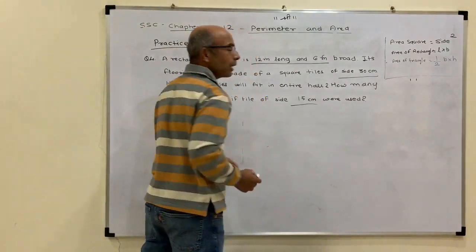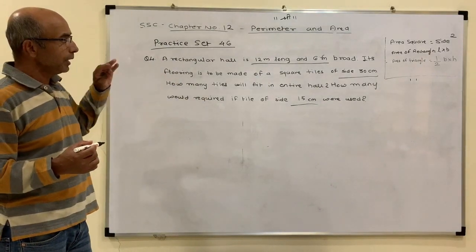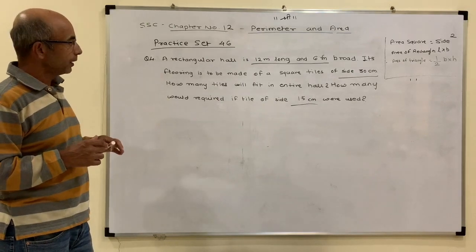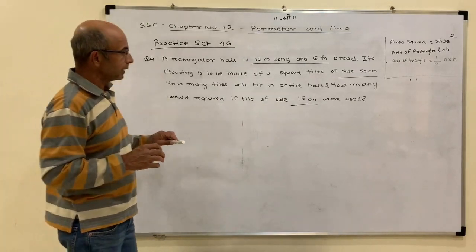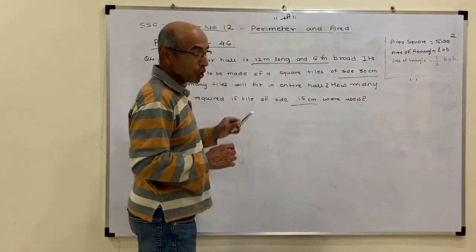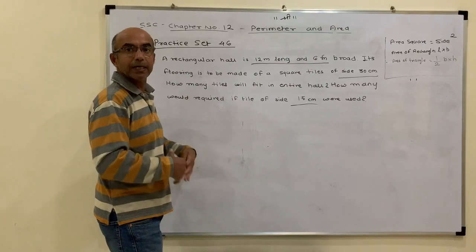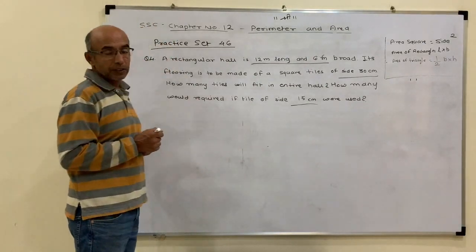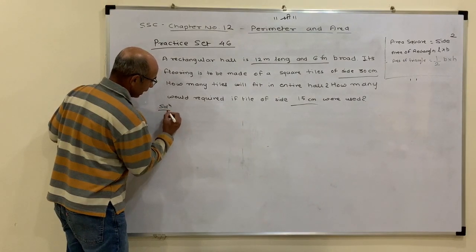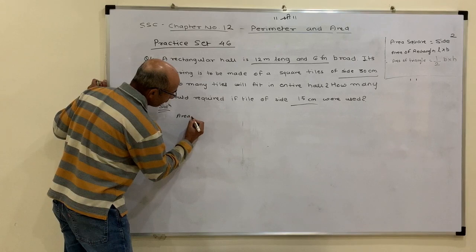So they have 2 tile options. We need to find one for the 30 and one for the 15. Before solving, you need to understand, this is given in centimeters and this is in meters. So we need to convert either meters to centimeters or centimeters to meters, whichever way you find comfortable. So now let's start. Area of rectangle, let's write the formula first.